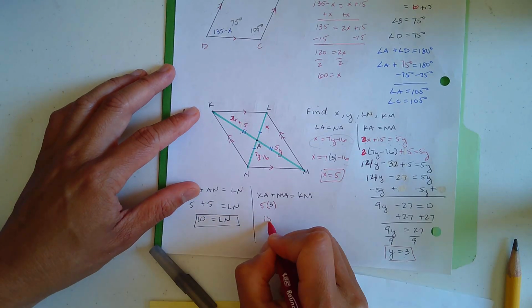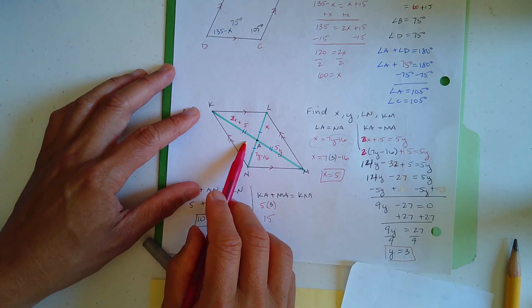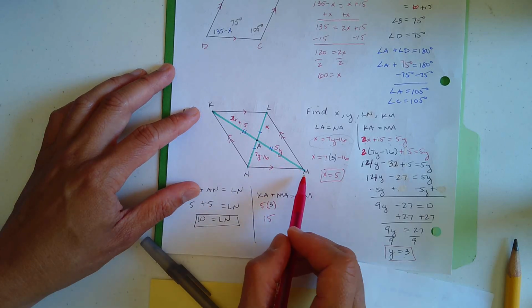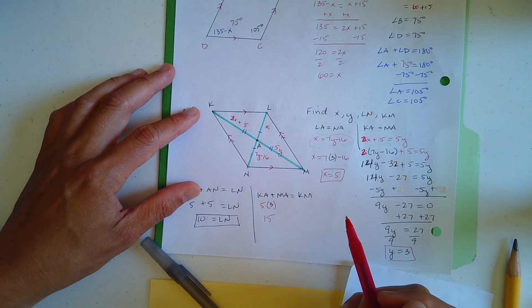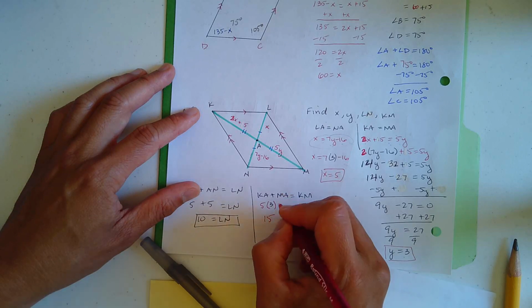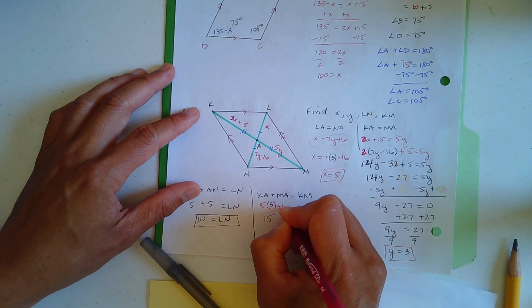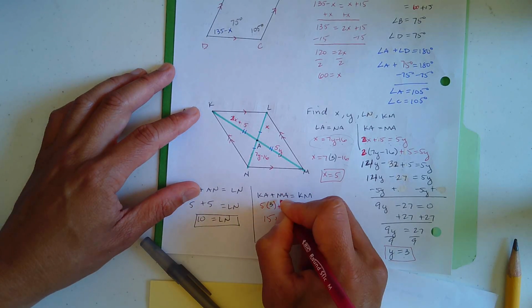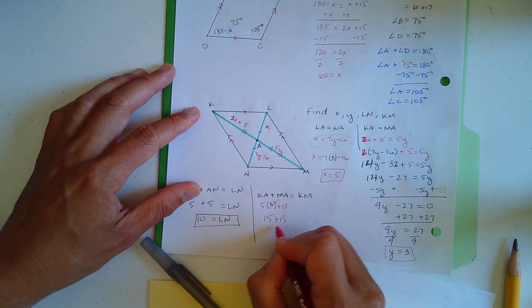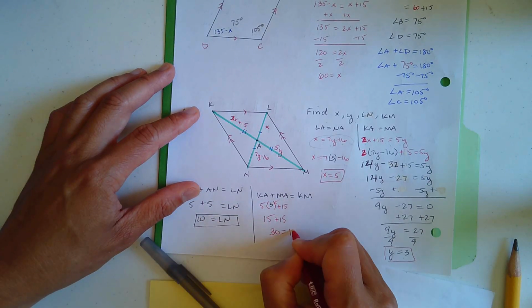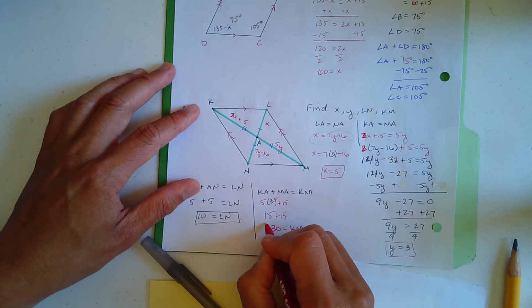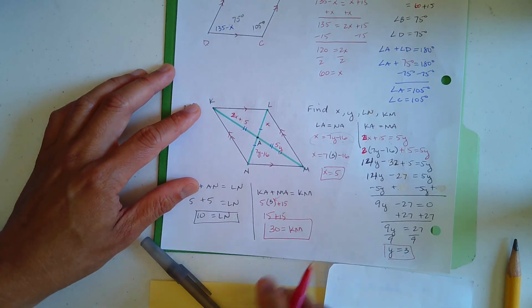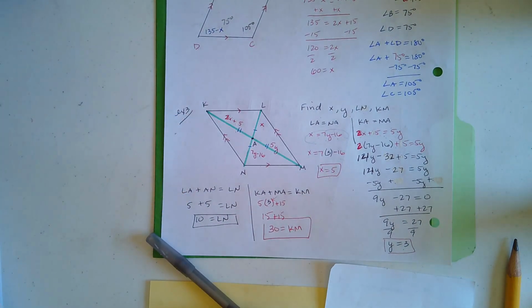So that's 15. If KA is 15, then MA has to be 15. And that's MA. So 30 equals KM. That's it for today. Thanks.